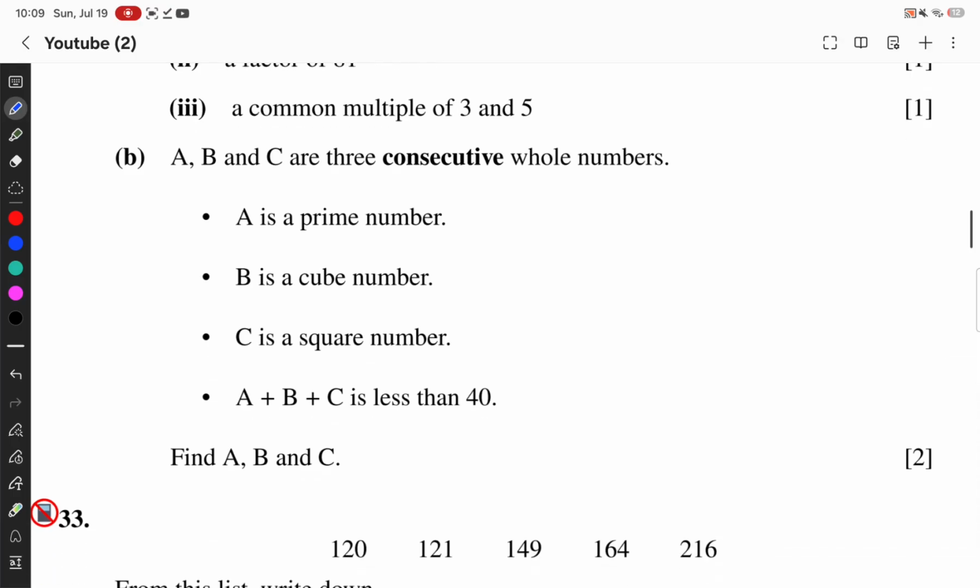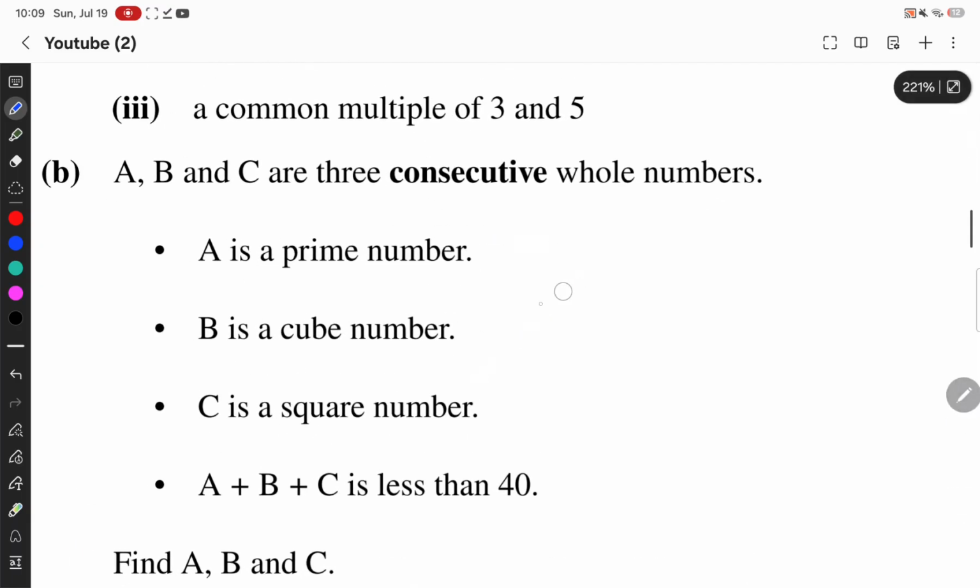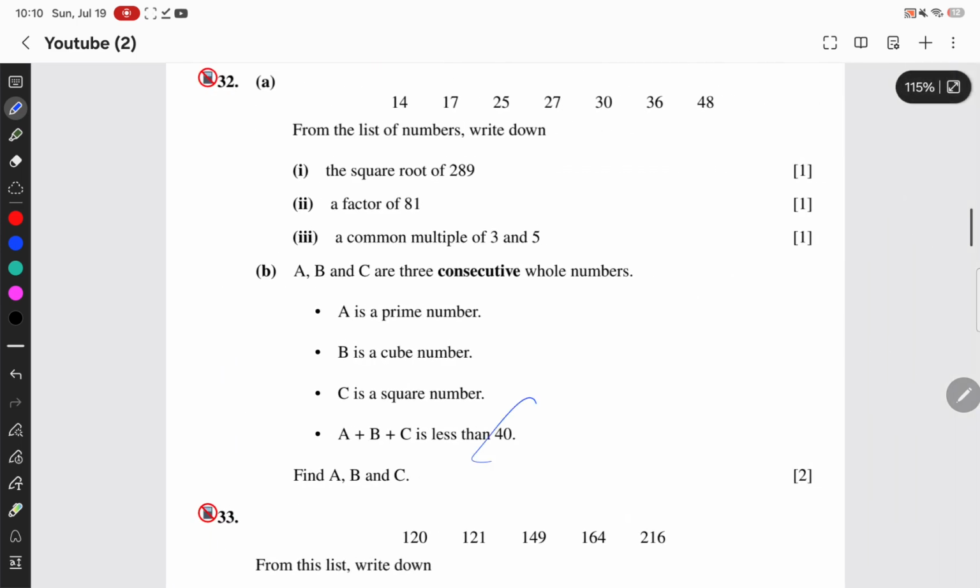It's like guess and check. Look at your prime numbers, your cube numbers, and the square numbers. As a hint, start with a prime number, then a cube. See if you add 1 to get a cube, and if you add 1 to get a square, then you can find out the answer for this. Good luck.